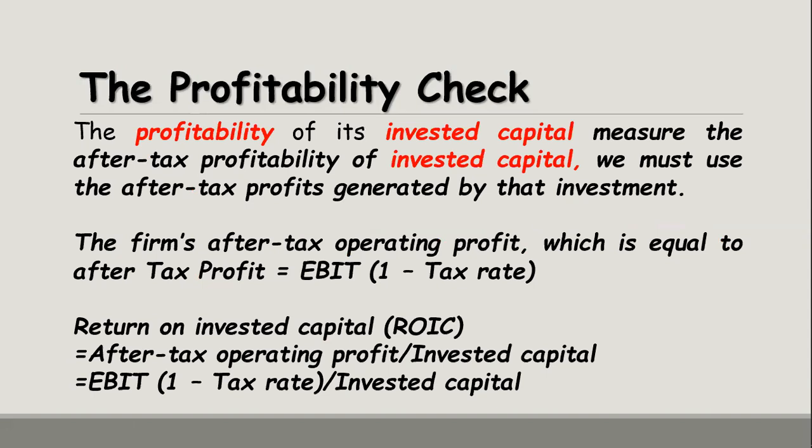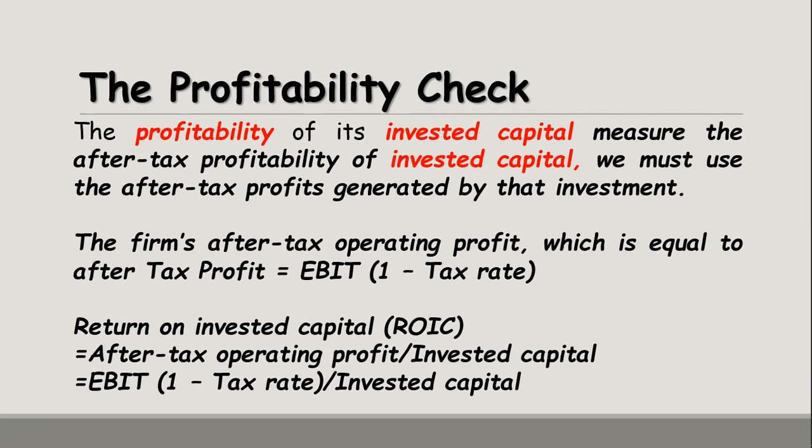The profitability of its invested capital measures the after-tax profitability of invested capital. We must use the after-tax profit generated by that investment, the firm's after-tax operating profit, which is equal to EBIT, earnings before interest and tax, multiplied by 1 minus tax.